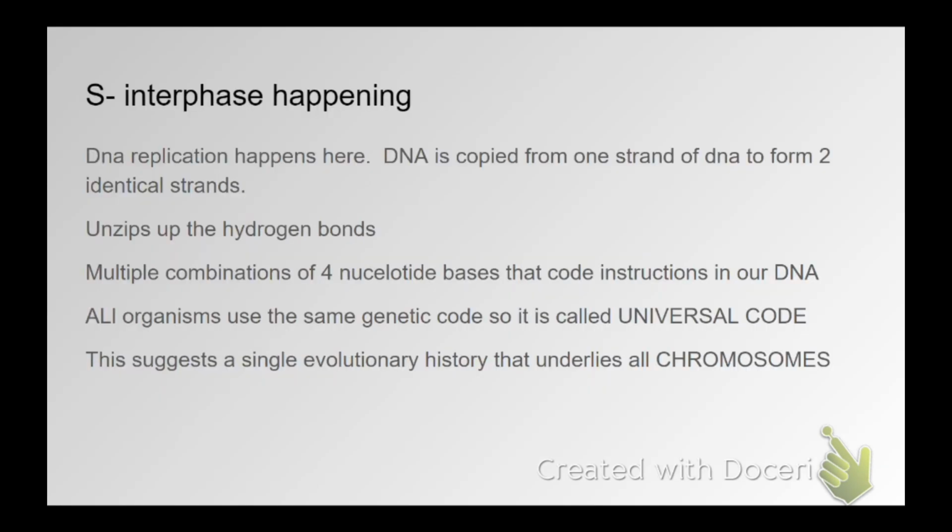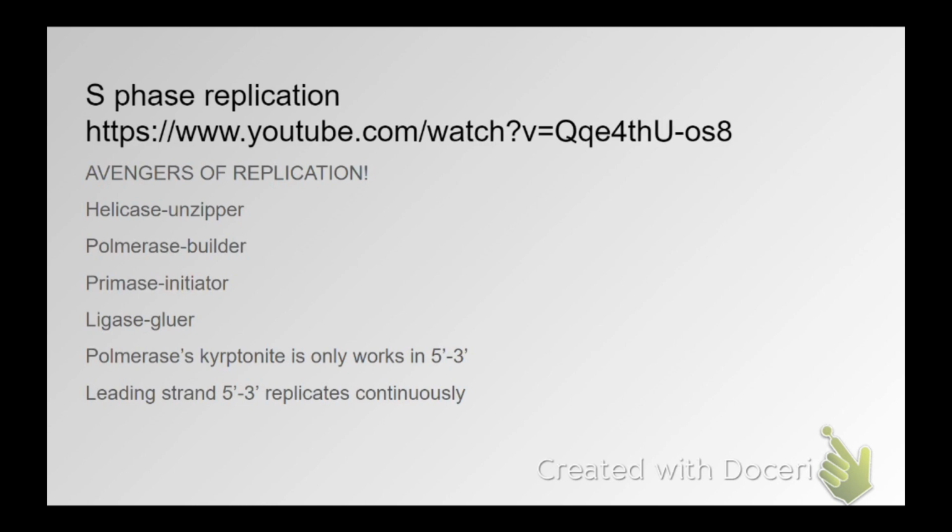All right, so we just finished talking about S phase. I do want you to list the enzymes here. Like I said, we're not going to go into great detail about the process yet. We will later, but I want you to get them down. Helicase unzips. Polymerase builds. Primase initiates. That's a fancy way to say starts. And ligase glues.